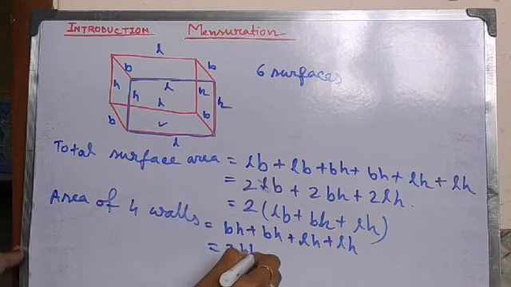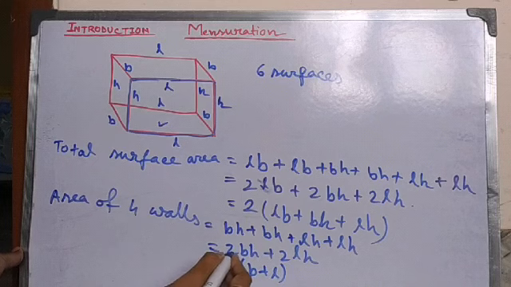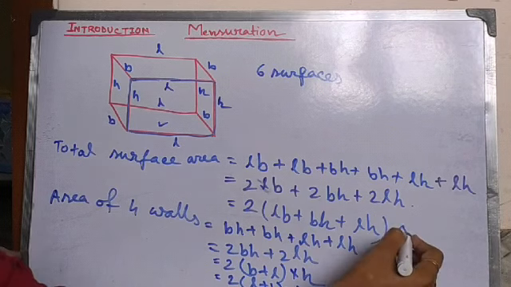So 2BH plus 2LH, that means 2 into B plus L, I have taken 2 common and here H. So the area of the 4 walls is 2 into L plus B into H square unit. This is also a square unit.